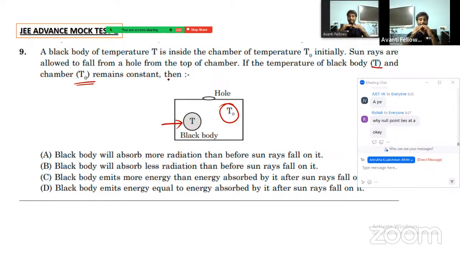Once it will be heated or saturated, it starts to re-emit all the radiation which is falling on it.